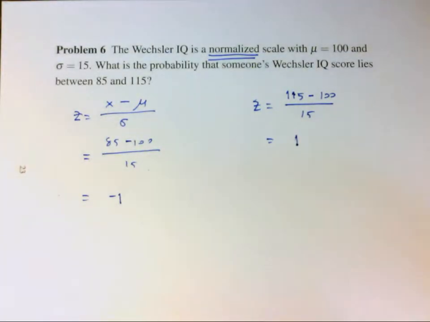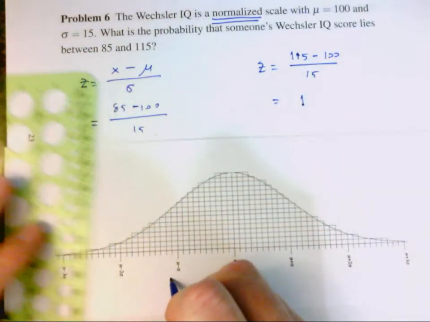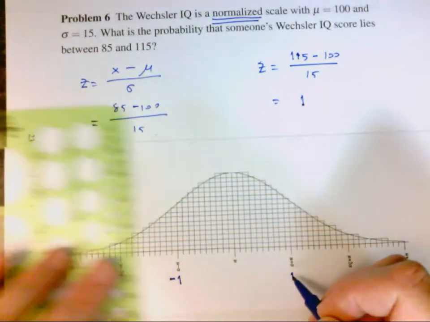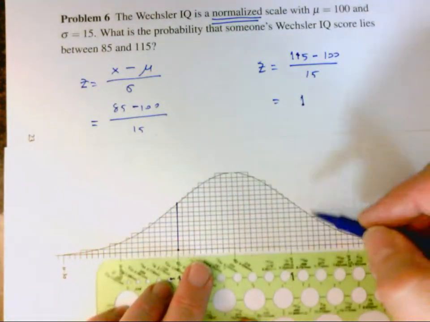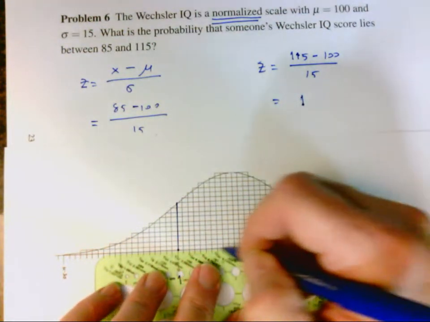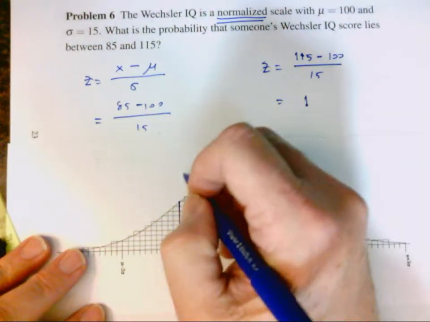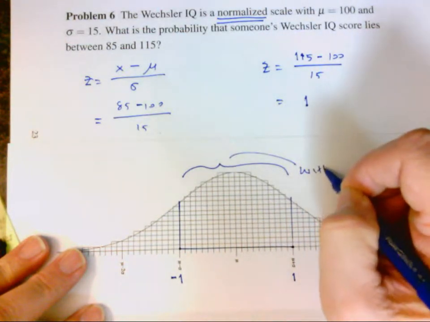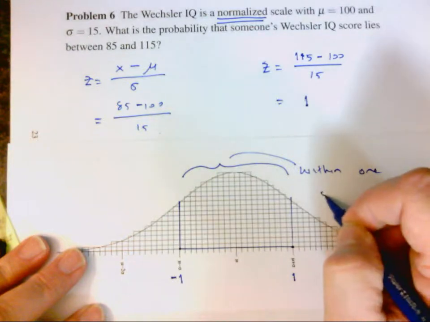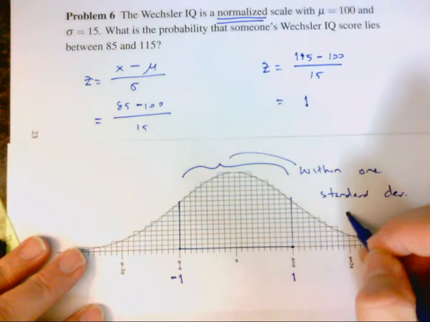So that is the data between us here, negative 1 and 1. Well, we can actually add up the rectangles and compute that. In fact, we did that earlier on, but we can use a property of the normal distribution. These are data which are within one standard deviation of the mean.